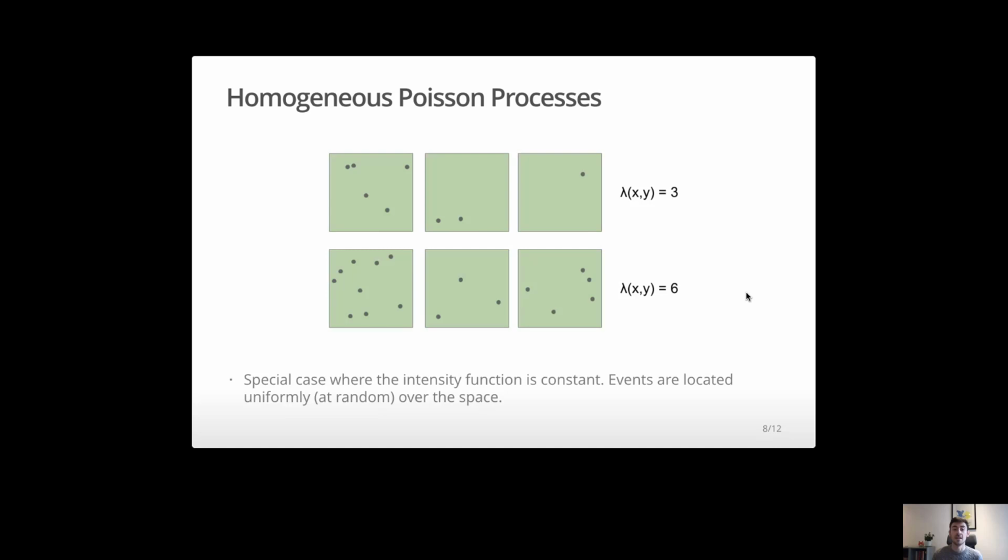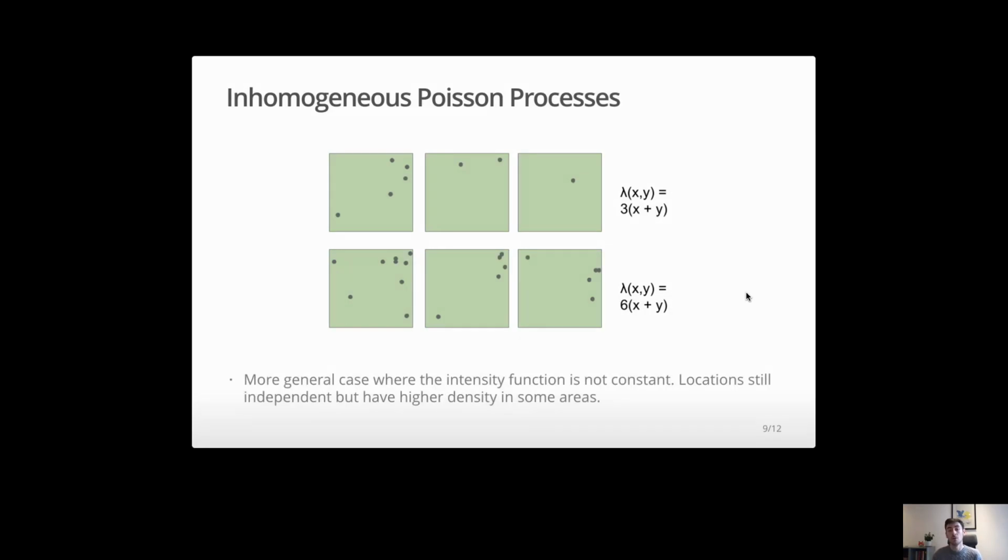We can extend this idea further to consider inhomogeneous Poisson processes, which is simply when the intensity function doesn't take a constant value. So in this case, I've defined the fields to be of unit area and to have the origin be specified as this bottom left-hand corner. And the intensity function for each process is now given by 3 times x plus y or 6 times x plus y.